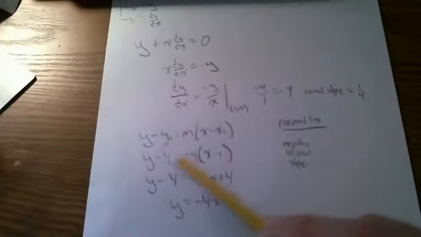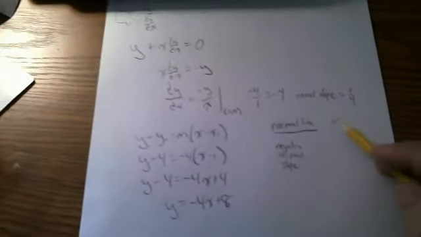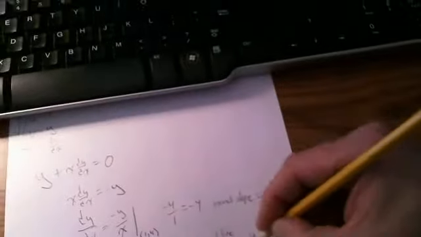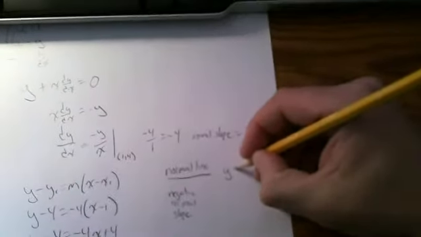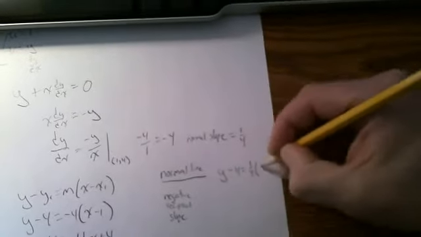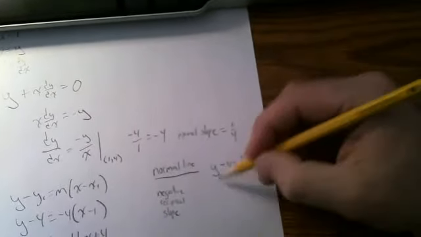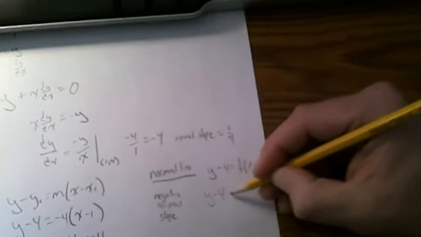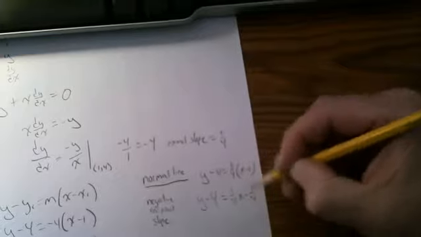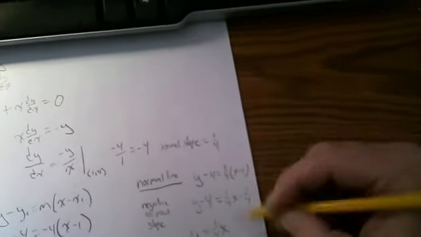So now don't just change it in the tangent lines. You have to redistribute it into the point slope formula. So we're going to use the point slope formula just like we did, but now we just have a different value of m. So y minus y1, which was 4, equals m, 1/4, times x minus x1. And just redistribute. y minus 4 equals 1/4 x minus 1/4, and add 4 to both sides. y equals 1/4 x.